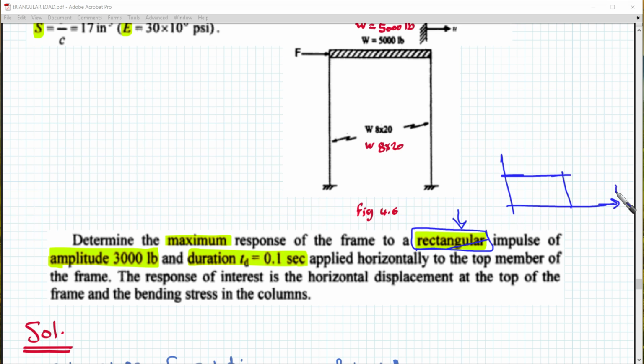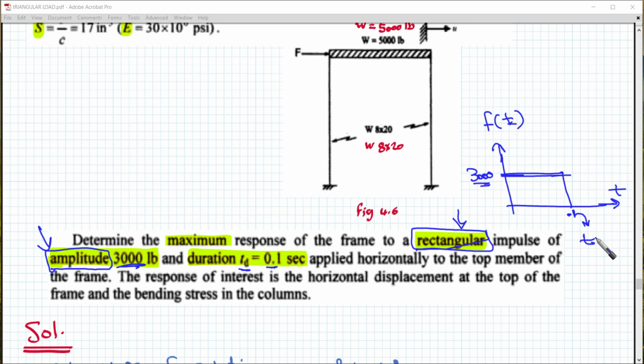We have here t, we have here F of t, and this is a rectangular impulse of amplitude, so the word amplitude here is an important keyword, 3,000 pounds. So we have 3,000 here, and duration t_d equal to 0.1 second.